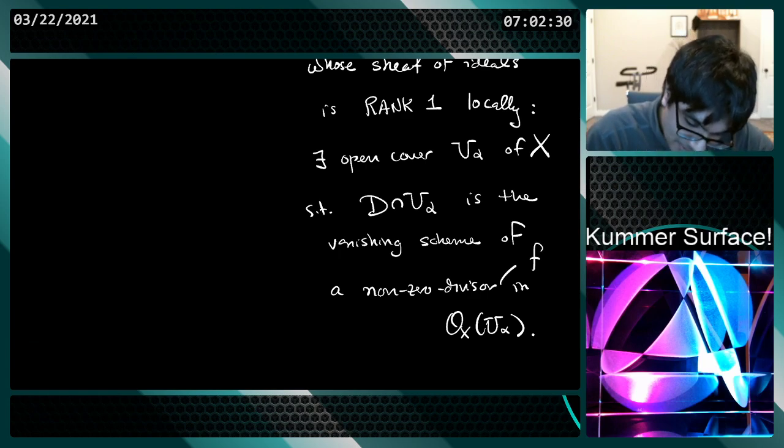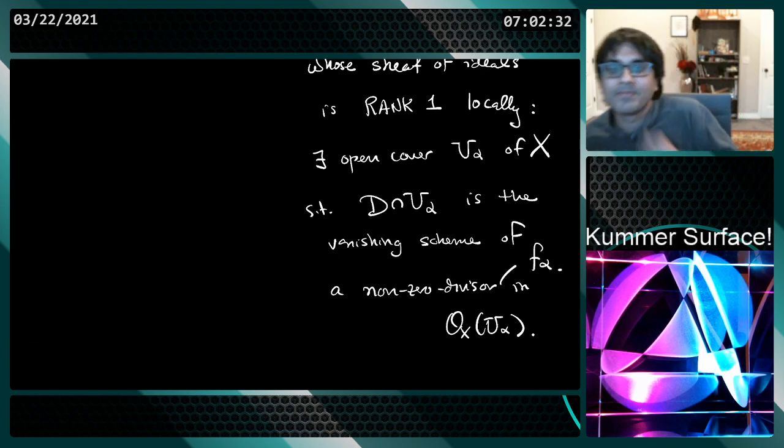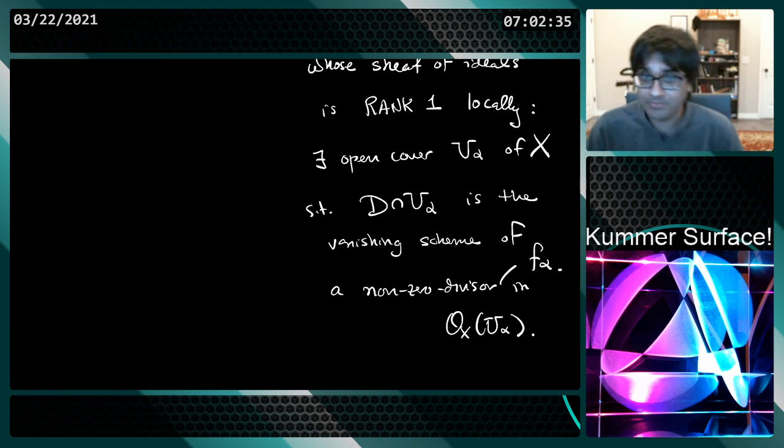I'll call it F sub alpha. Okay? Then I claim that there's a line bundle floating around in the picture.